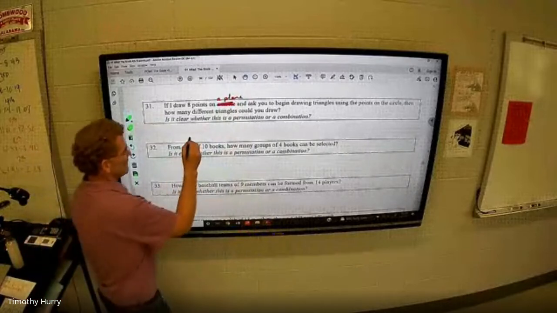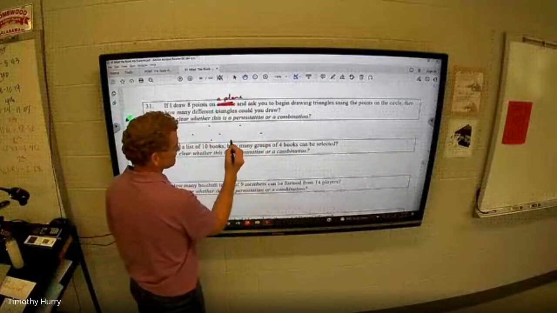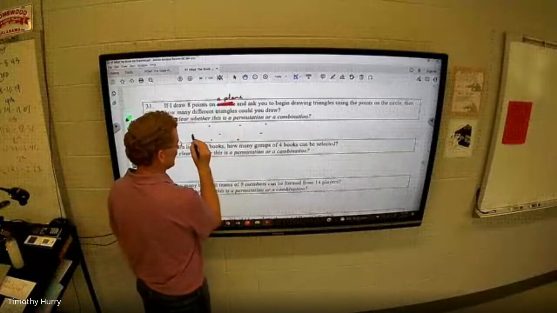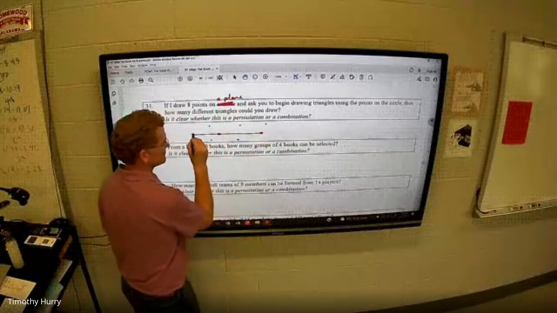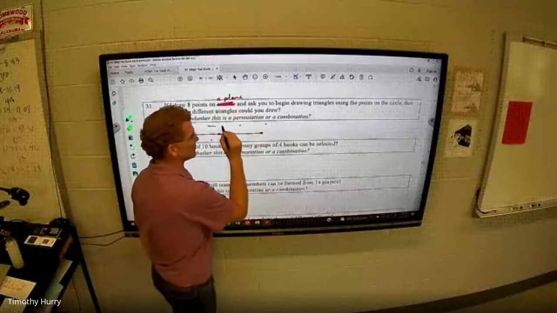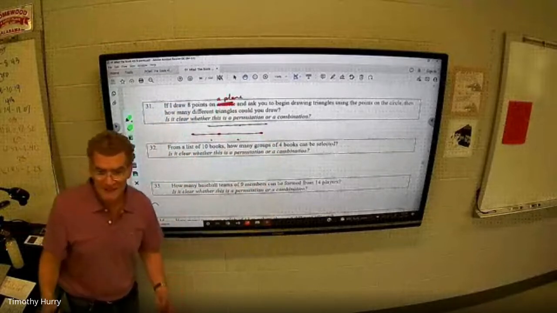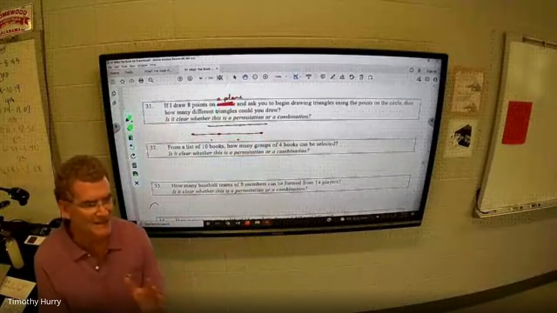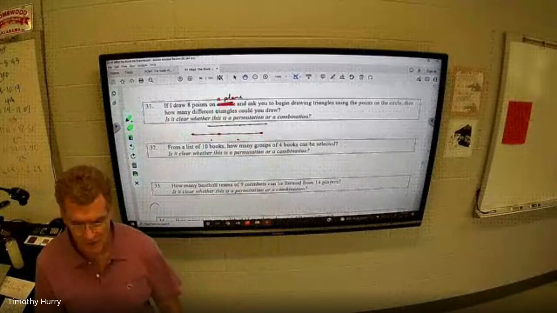That's right. If those 8 points happen to have 3 points that were linear, then that would not make a triangle, would it? Are you seeing that? That wouldn't be a triangle. I would just have a linear situation. So by saying they're on a circle, I'm eliminating the possibility of not getting a triangle because of linearity. Are you with me?